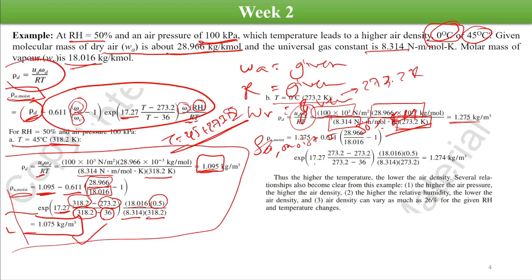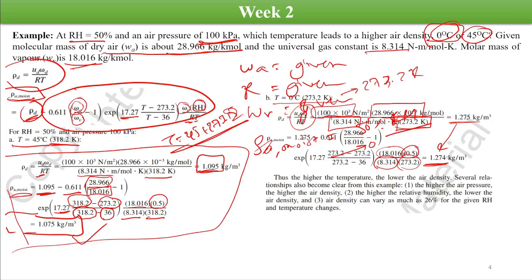The exponential term 17.27, the temperature here T minus 273.2, T minus 36, and here the WV term, the molecular weight of vapor, 18.016, and multiplied by relative humidity upon R, the gas constant, and the temperature. So after solving this, this will become 0. So this term will vanish. So it will basically again come as the same, right? 1.25275.